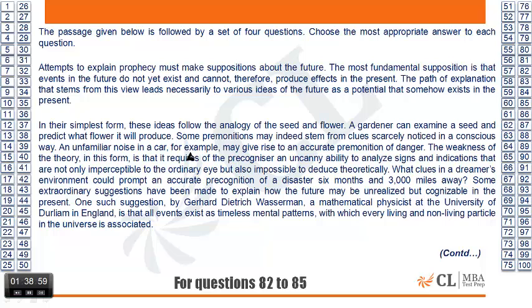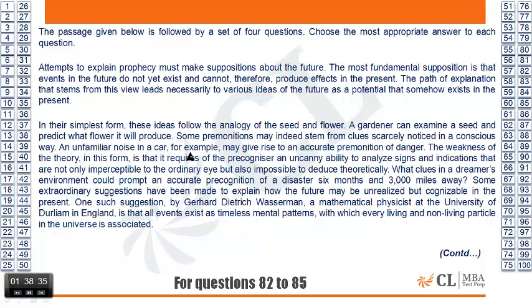The weakness of the theory in this form is that it requires of the precognizer an uncanny ability to analyze signs and indications that are not imperceptible to the ordinary eye, but also impossible to deduce theoretically. Okay, so basically you must have an uncanny ability. Okay, fine.